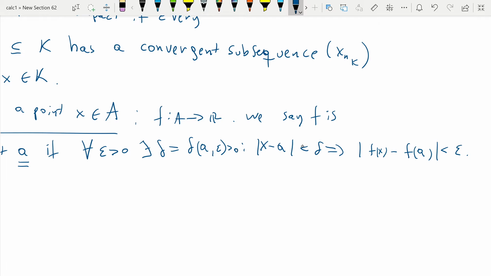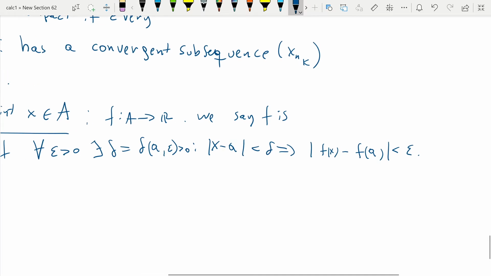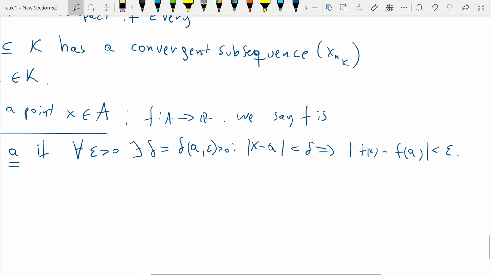Of course, this delta has to be greater than 0, otherwise this definition will not be saying much.